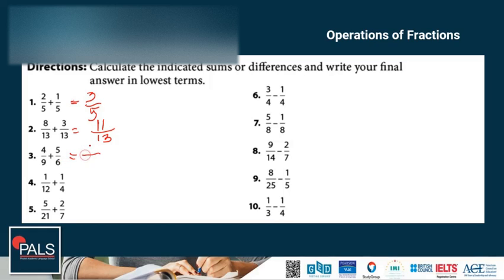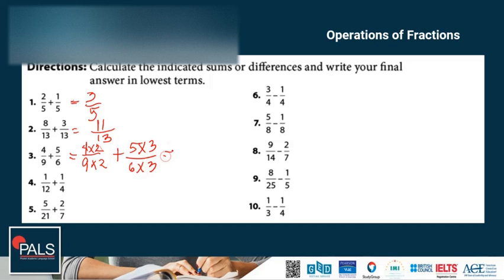So we have 4 times 2, because 9 times 2 is 18, plus 5 times 3 over 6 times 3, because 6 times 3 is 18.